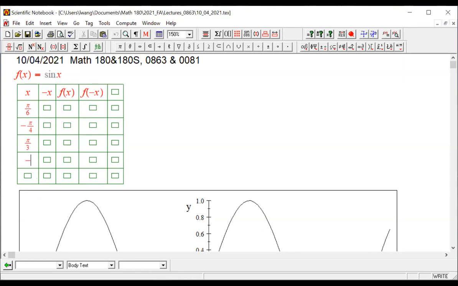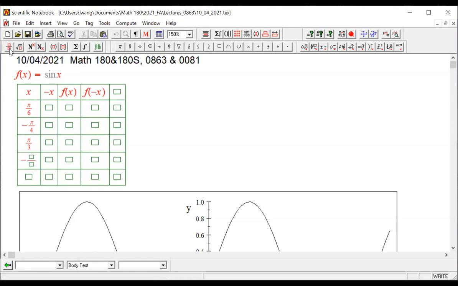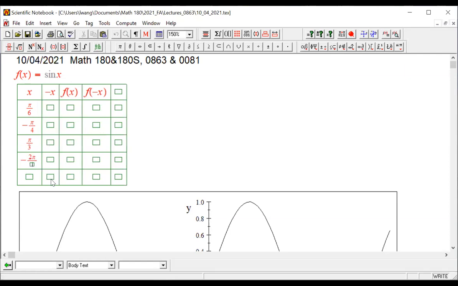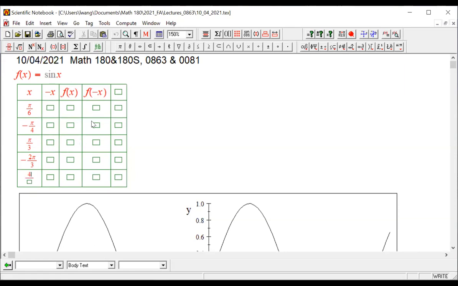The next one, you get to practice your ARD. You can even bring the unit circle to your application. So this is going to be negative, and you guys do the rest.